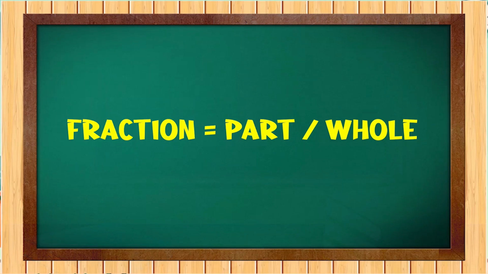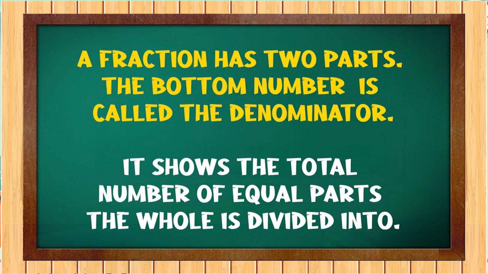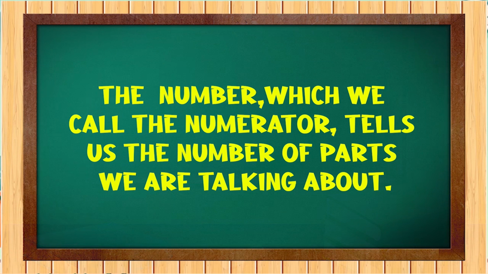Now, a fraction is made up of a part and a whole. A fraction has two parts. The bottom number is called the denominator. It shows the total number of equal parts the whole is divided into. The top number, which we call the numerator, tells us the number of parts we are talking about.